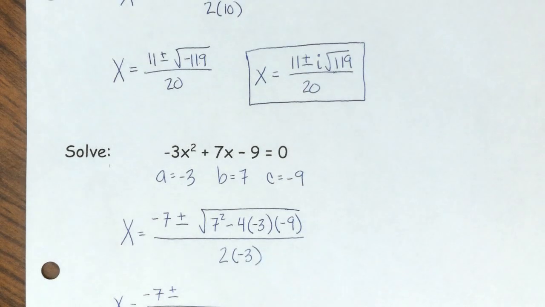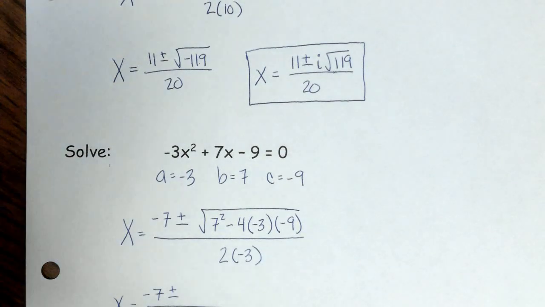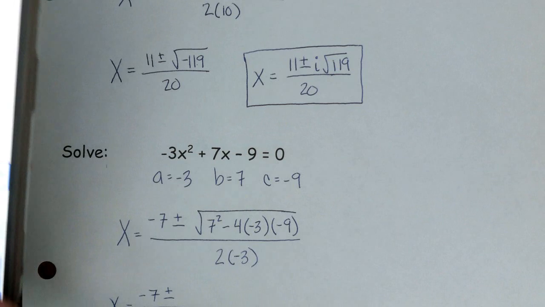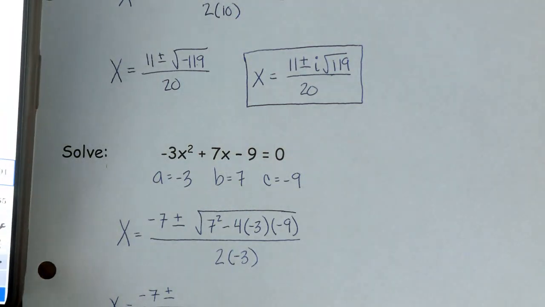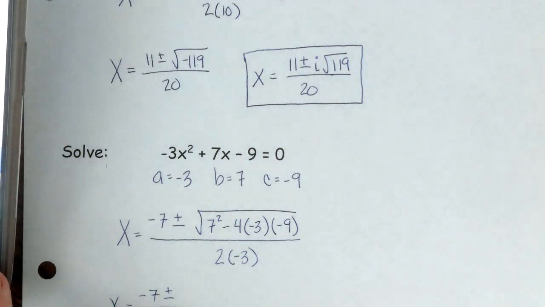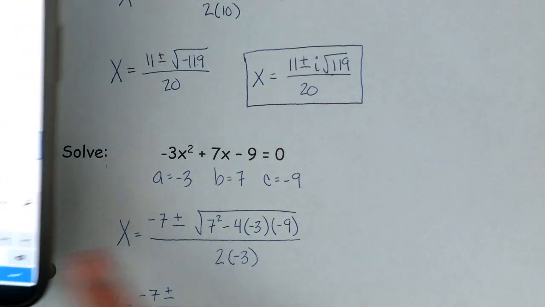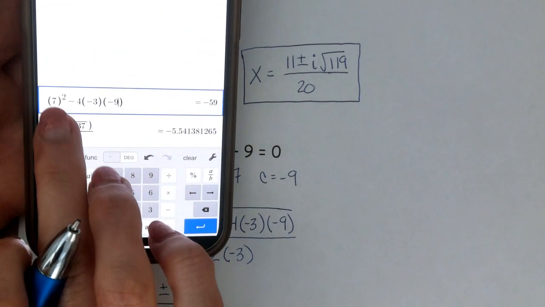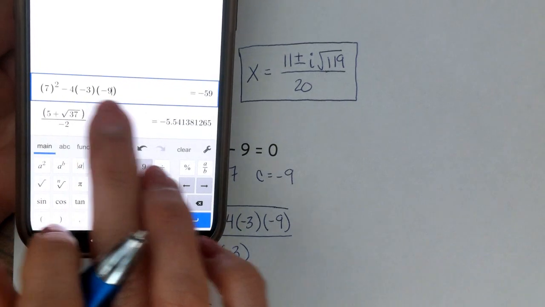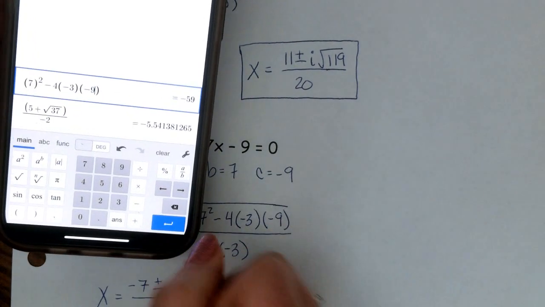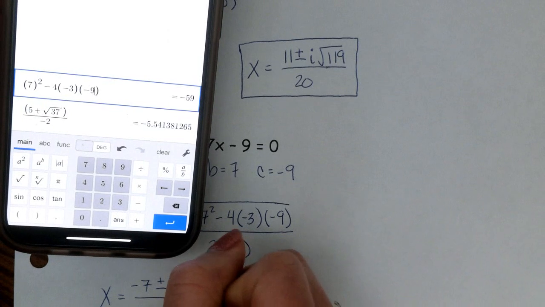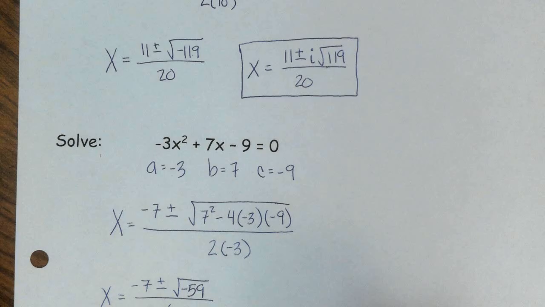So remember, don't put in a square root. You're just putting in these numbers. So you are just putting in 7 squared, minus 4 times -3 times -9. So that means it's a square root of -59.